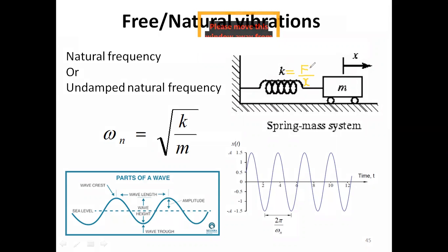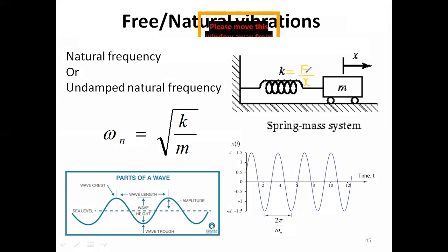So F by X. Let's say F is the force which we are applying on the material, and X is the deformation which is actually happening inside the material. So according to the definition, stiffness K would be equal to force divided by deformation.